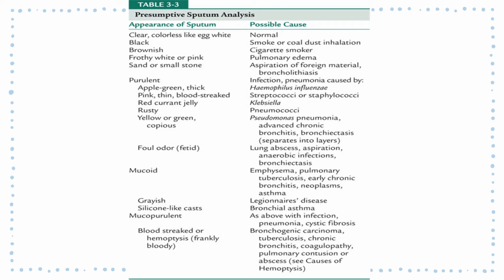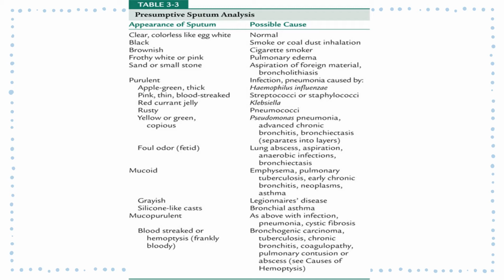And then your mucoid, emphysema patients. I just know for sure the purulent ones are definitely ones you want to focus on for your exam. Grayish for Legionnaires. Silicone casts, like casts. I know Victor's seen a few different casts with different disease processes, but it's pretty rare to actually get them out. And that could be asthma.